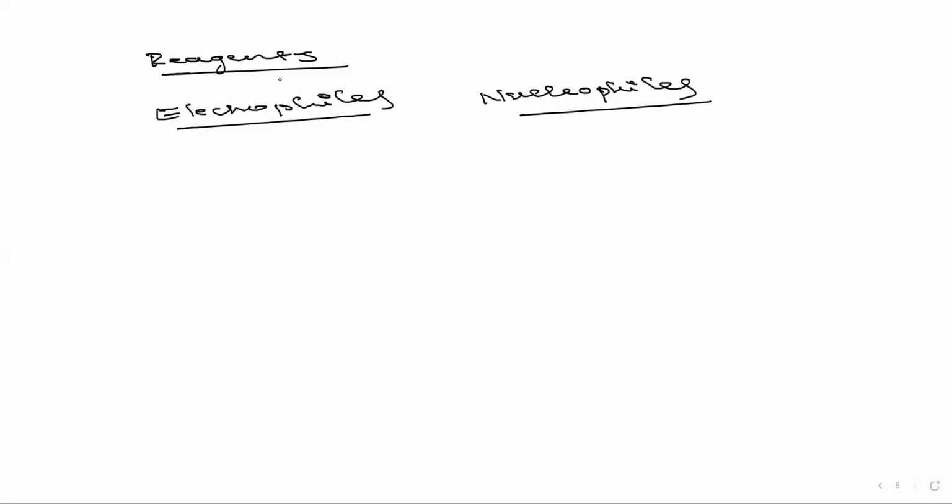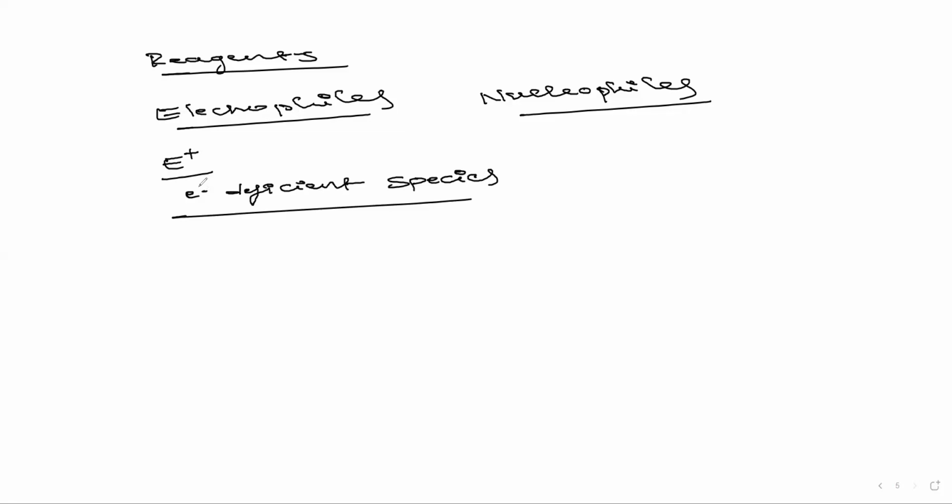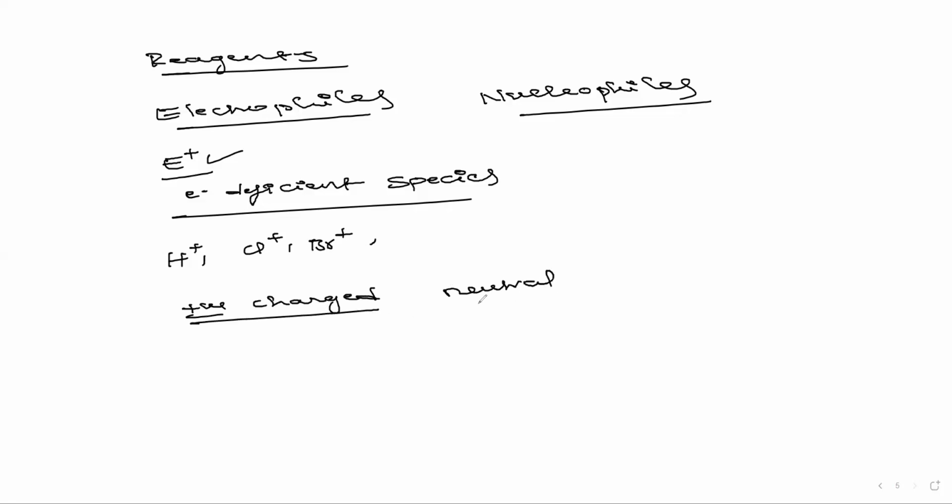What does electrophile mean? An electrophile is an electron deficient species. Generally, we write electrophile as E plus. All positively charged ions come under electrophiles. There are two types: positively charged electrophiles and neutral electrophiles.